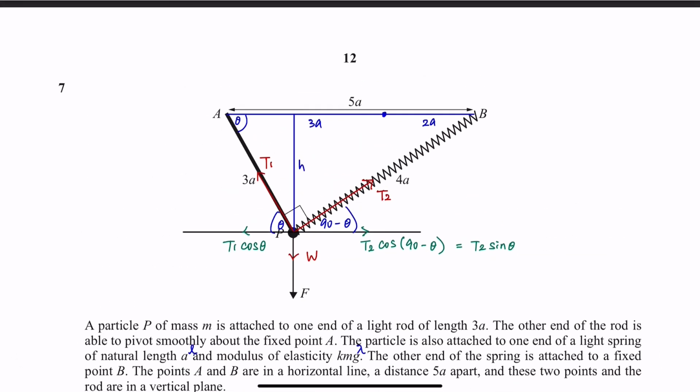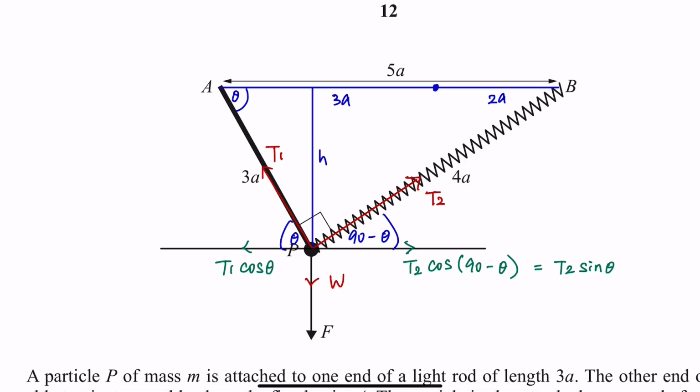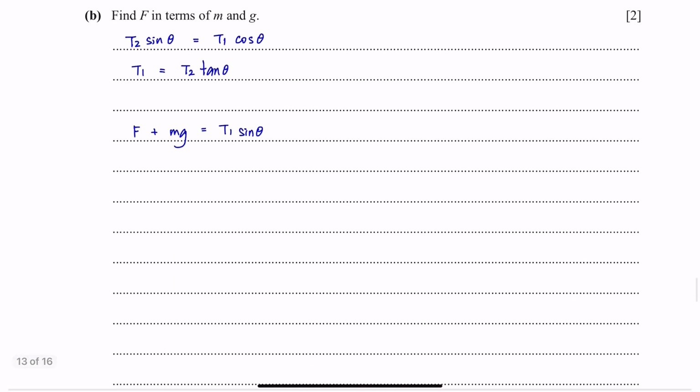I haven't stated it, but yes, we have T1 sine theta and T2 sine 90 minus theta, which is also equal to T2 cos theta. So we have T1 sine theta plus T2 cos theta, and T1 is equals to T2 tangent theta.